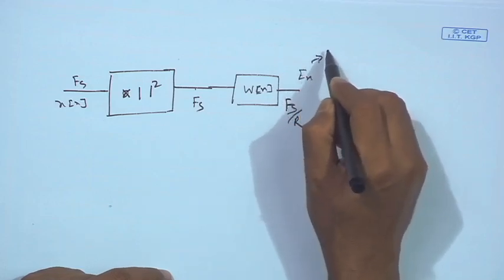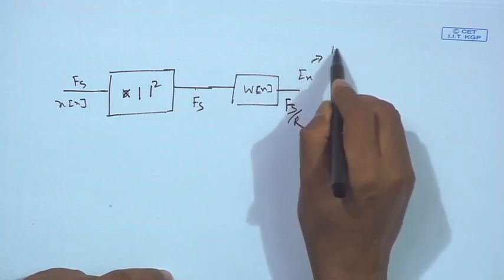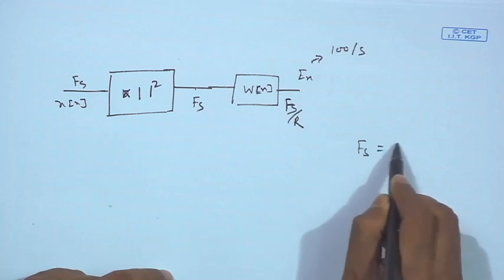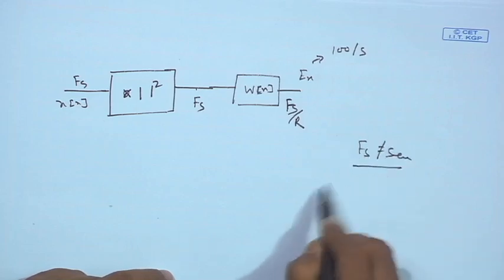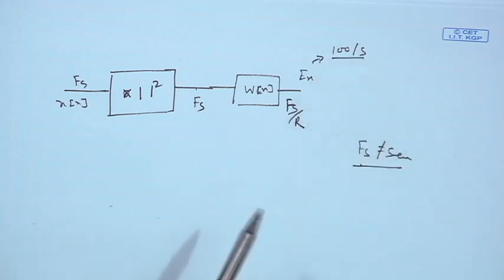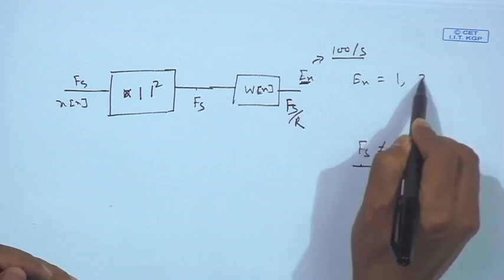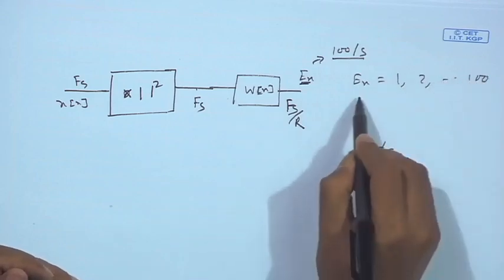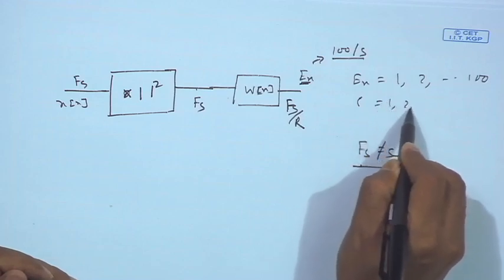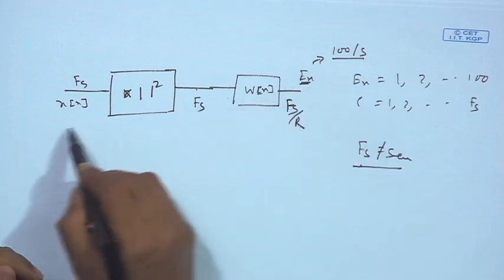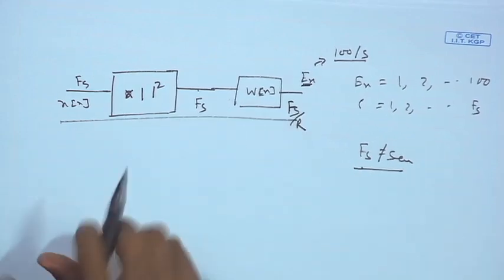If it is 10 millisecond shifting, it is 100 per second, whereas earlier it was f s samples per second. Instead of f s number of samples, I get 100 samples per second. So, E n is 1, 2, up to 100 for 1 second, whereas here it is 1, 2 up to f s samples. Okay. So, this is called short term energy.